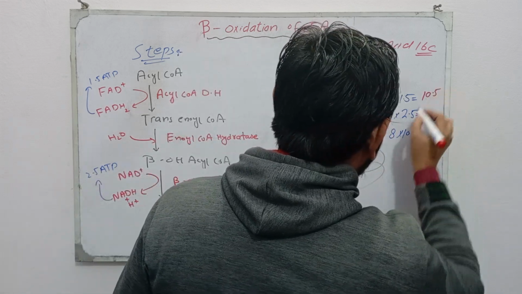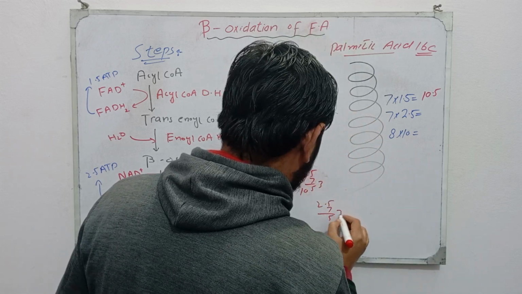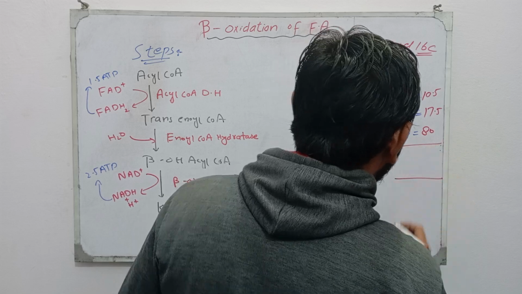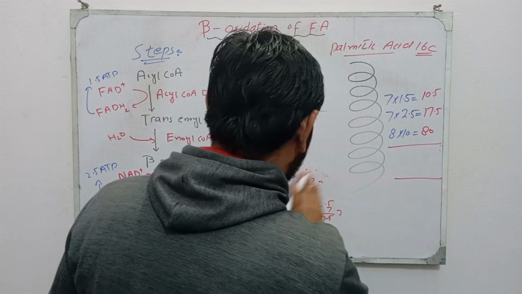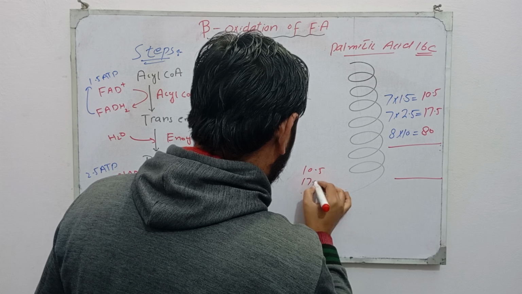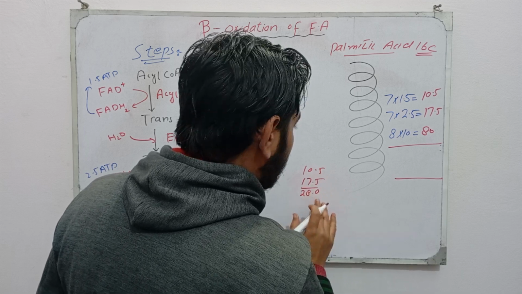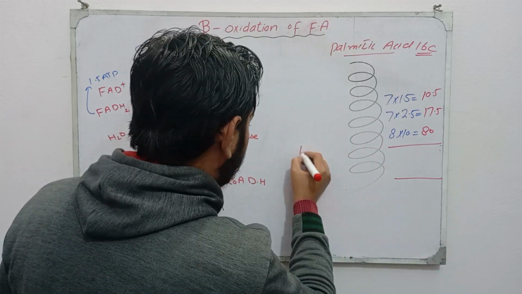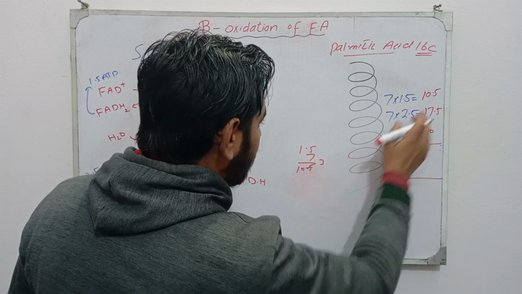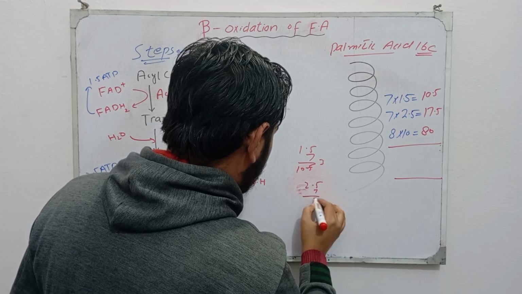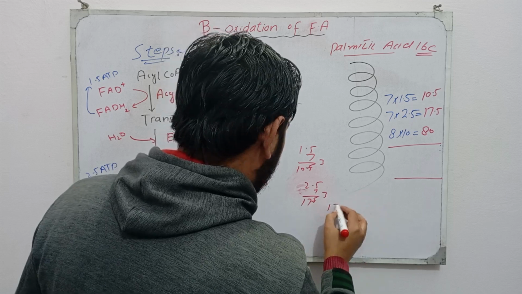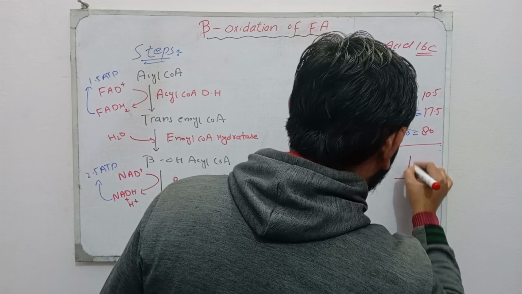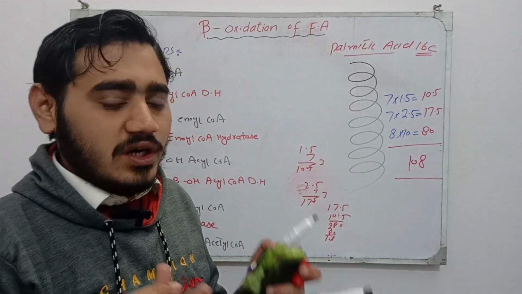it's 10.5, and it is 17.5 and 80. The total amount of ATP is 108 from this palmitic acid, and 2 ATP are utilized in activation.